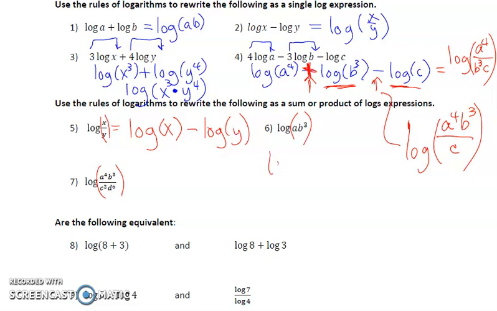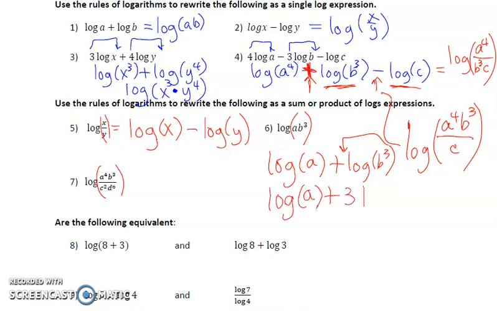This one here, we could rewrite as log of a plus log of b cubed. So the multiplication problem can be separated in addition. And because we have an exponent, we can pull that number out in front. So it becomes plus 3 times log b.